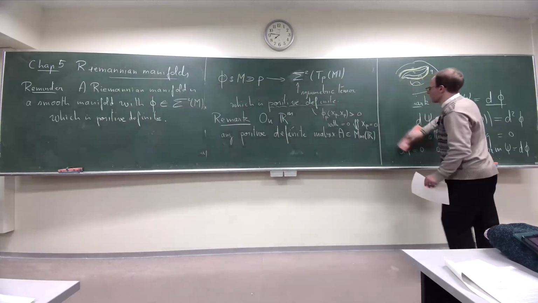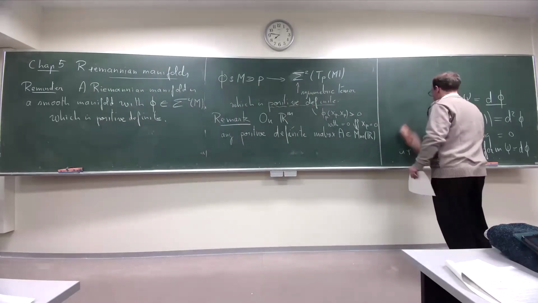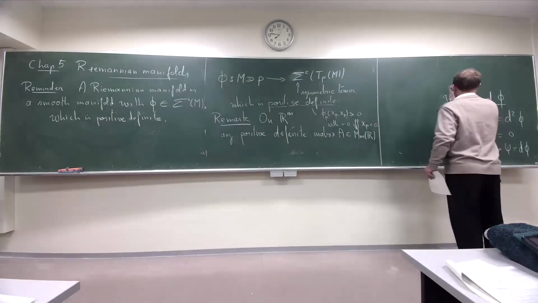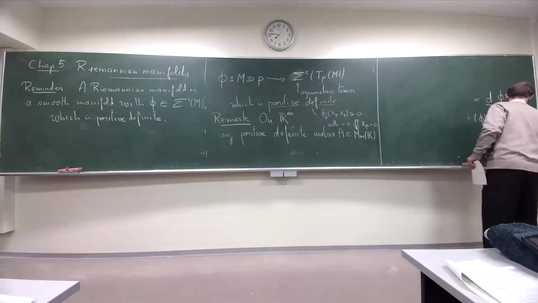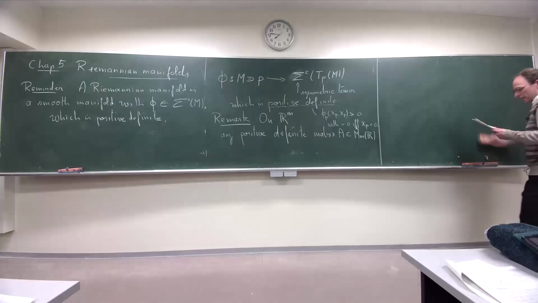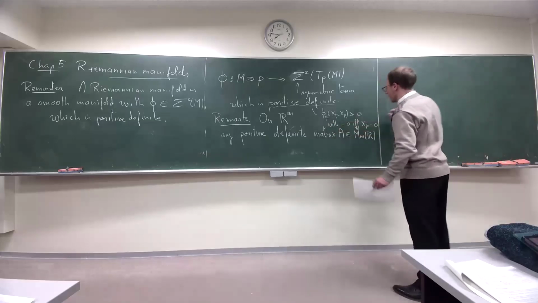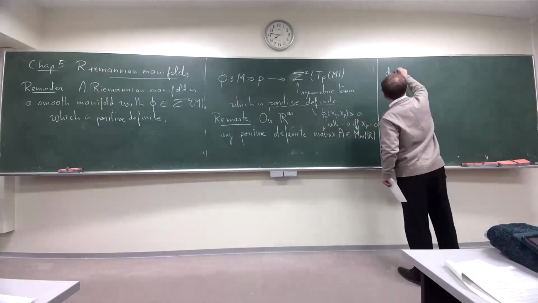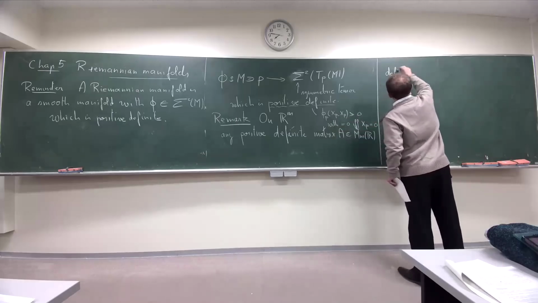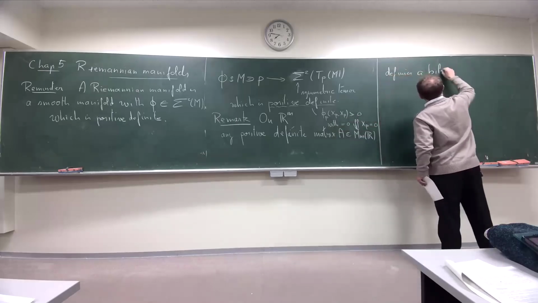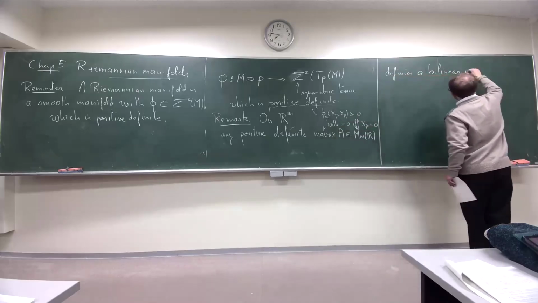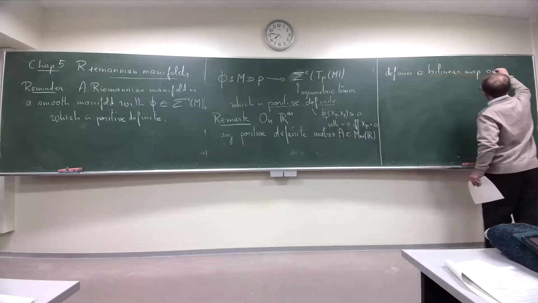So if you take a matrix which is positive definite, and I will recall what it means also, I'm claiming that any positive definite matrix defines a bilinear map on Rm.